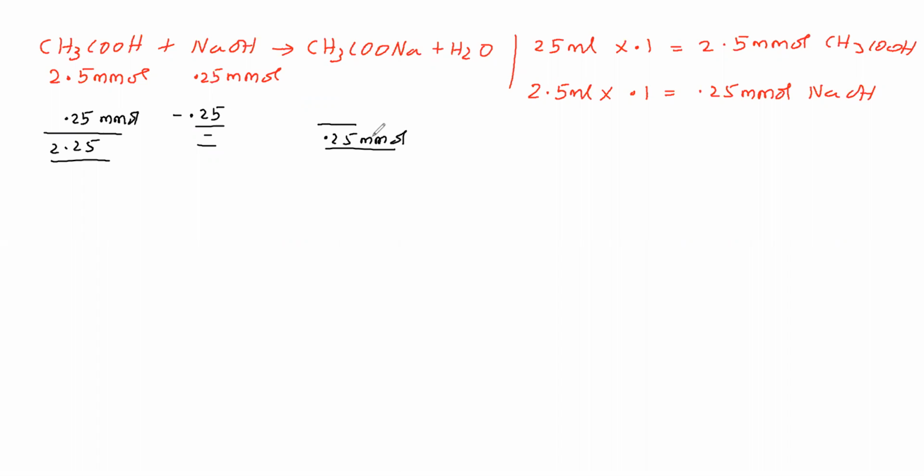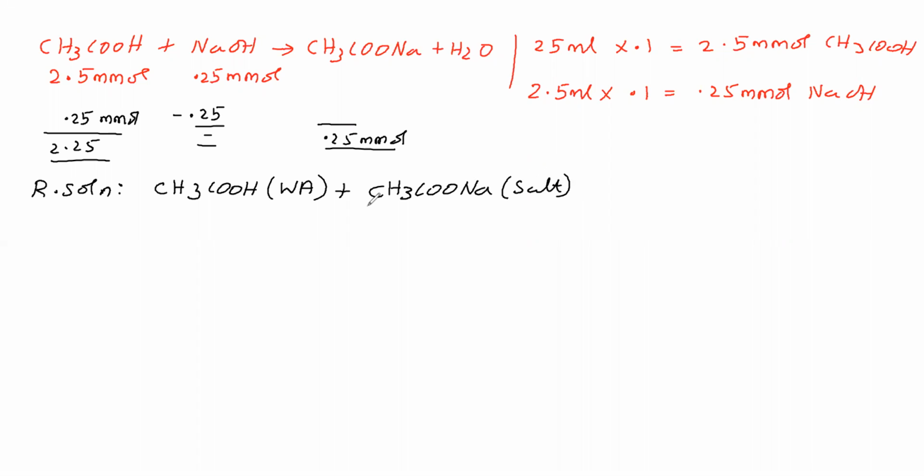Okay. Now, what is the pH of the resultant solution? That we want to see. In the resultant solution, what is there? Acetic acid is there, which is a weak acid. And sodium acetate is there in the resultant solution, a salt of a weak acid and a strong base.